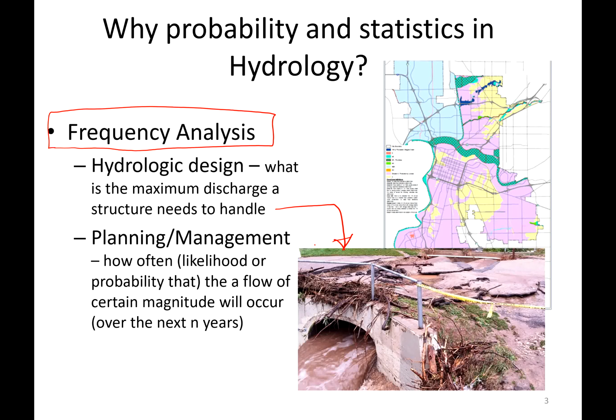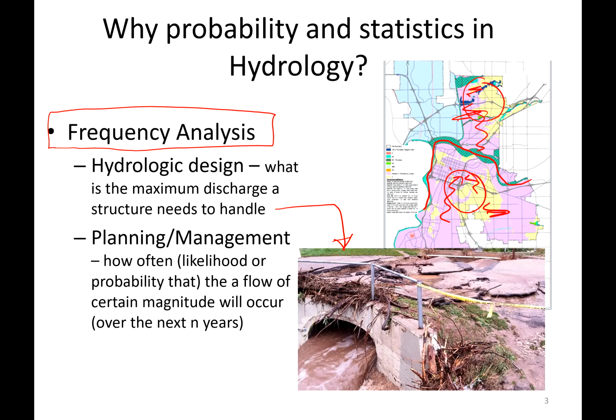From the planning and management point of view, what you see here is an image, and there is a river or stream going through this area, and we want to know how often a flow of certain magnitude will occur. Whenever there is a very high flow, it is going to inundate some of these areas. Then we want to know how often that inundation will occur. If it is too often, then we don't want to do any development.